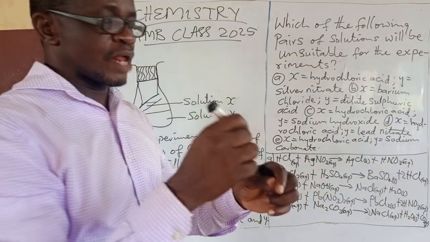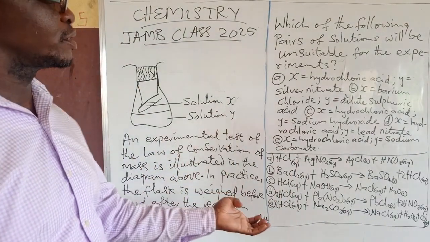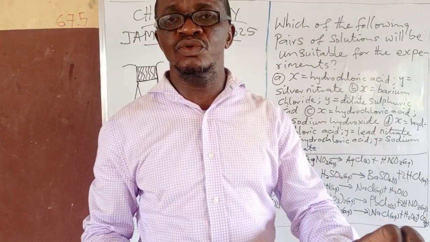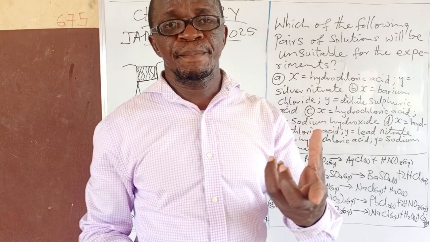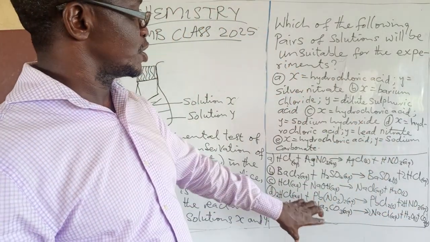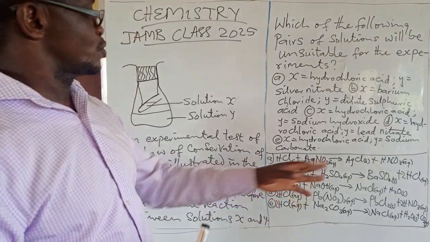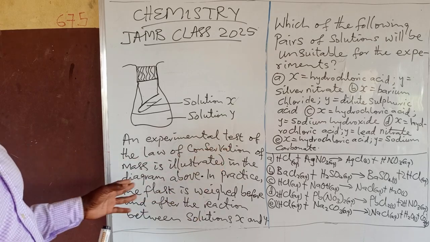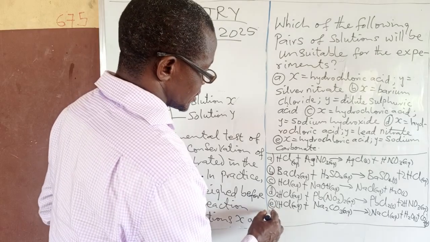Why? Let me tell you what you should be looking for in equations like this. Look for a reaction that will produce a gas. A reaction that will produce a gas is not qualified to be used in that situation. So you cannot use that to verify the law of conservation of mass. Now, which one gives a gas? The last equation.